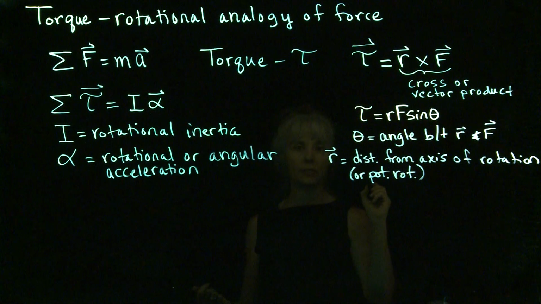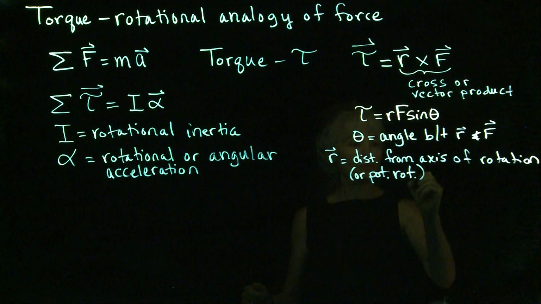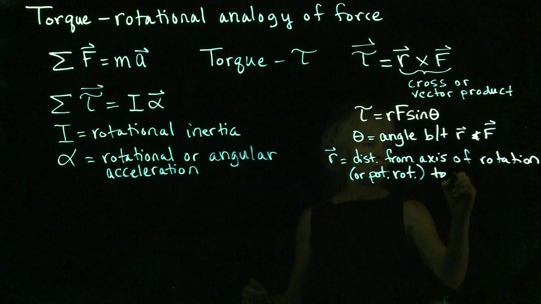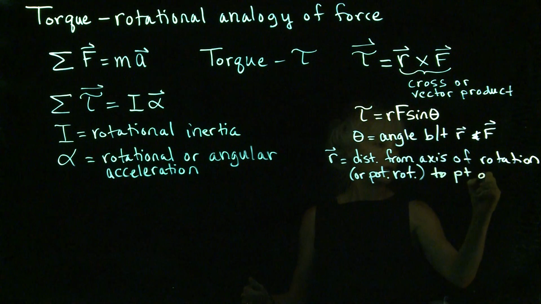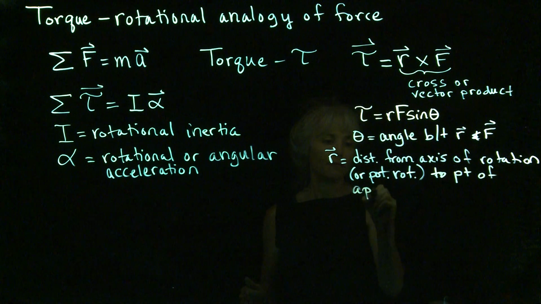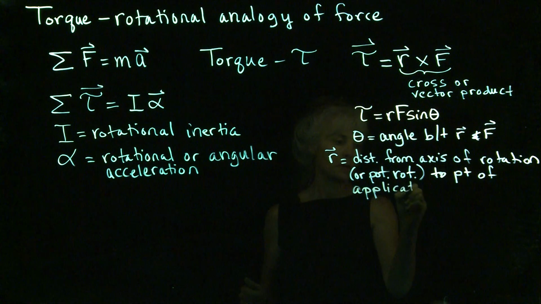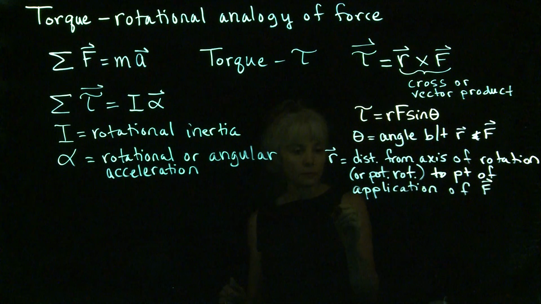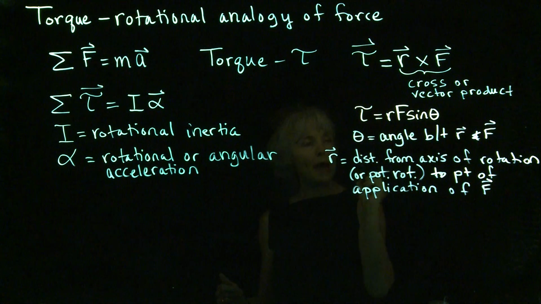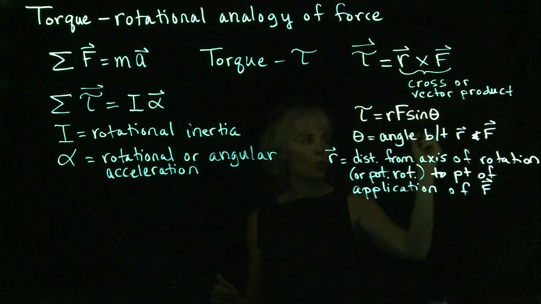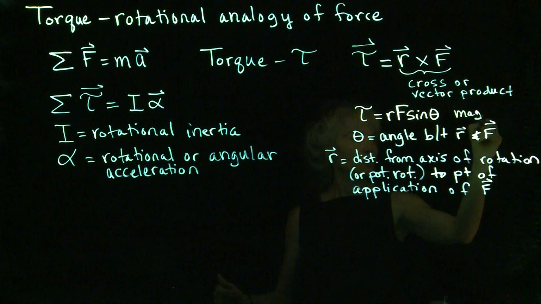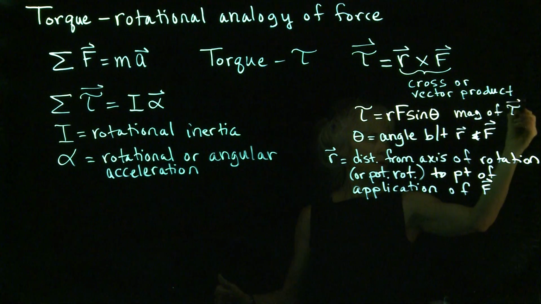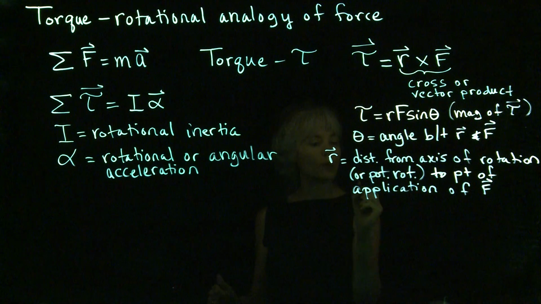You would pick a point to sum about, to the point of application of F. Okay, so F then of course is the force, and we know the magnitude part of the torque, so this is the magnitude of torque. What about the direction part of the torque?